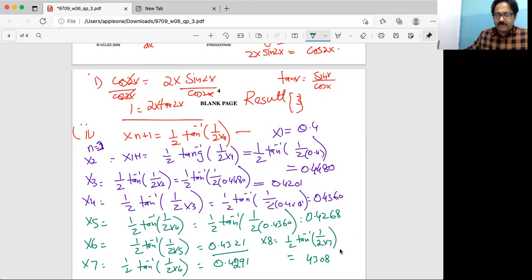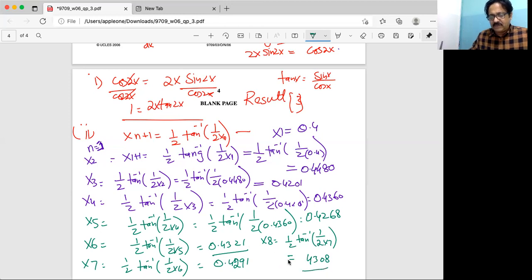So let's stop here, because we are near the answer. See, when the difference is very small, this is now 0.4291 and 0.4308, there is very little difference here. Then we stop there. We went up to the 7th or 8th iteration, but if the difference is very small in the 5th or 6th iteration, we can stop even there.